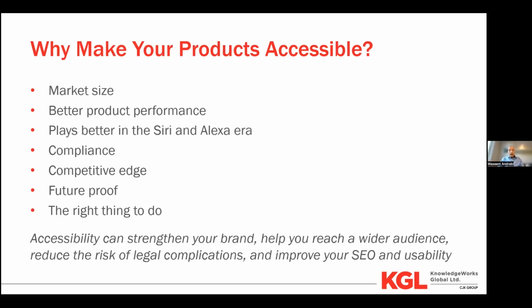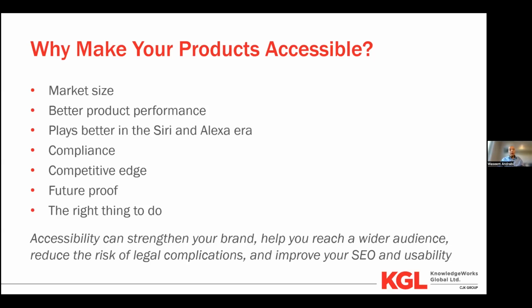There are also compliance issues. There are many states where there is a legal requirement to have certain types of products be accessible. It gives you a competitive edge compared to any competitive products that might be out there that are not accessible. It makes the product as much future-proof as possible. And it's also the right thing to do. As I keep talking about it with many of our publishing customers, it's not a matter of if we personally would need those products.